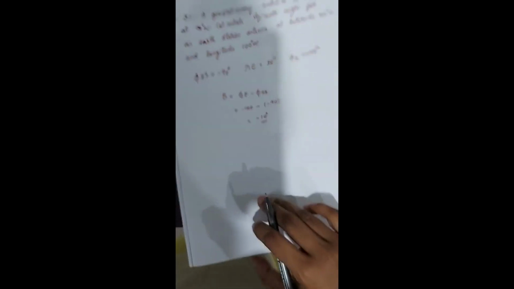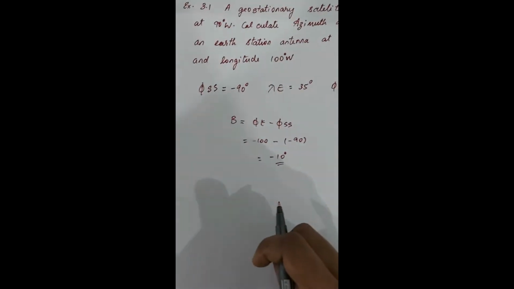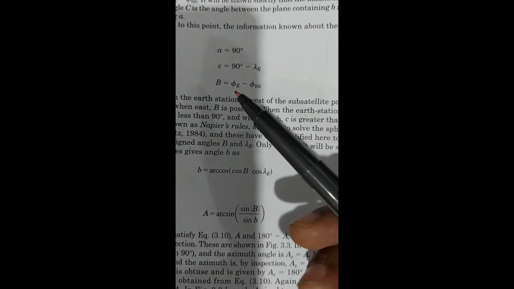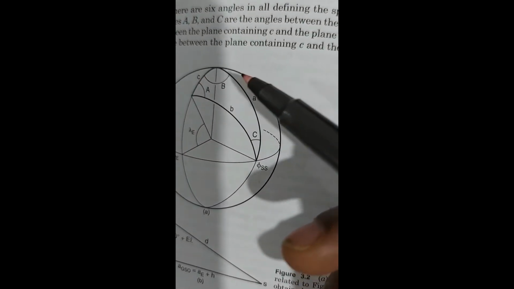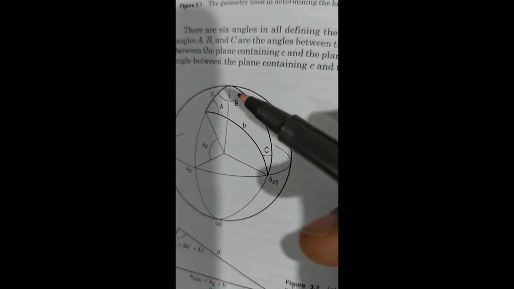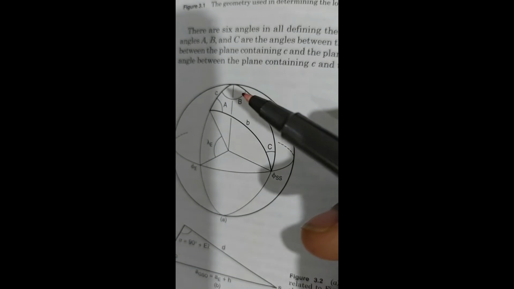I told you the important parameters we are trying to find out. One of the important parameters is the capital B angle. The three things we would usually find out are A, C and B. Capital B is nothing but the angle subtended at the north pole of the spherical triangle.